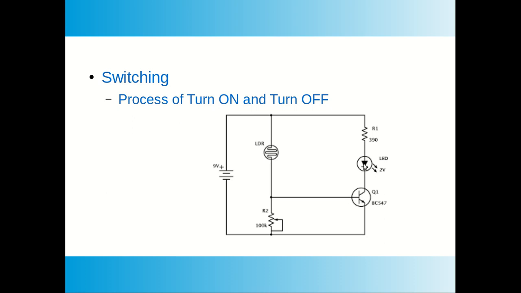Therefore this is just a symbolic representation of automatic turn on and turn off of a street light, but in an actual application we have to replace this LED with a relay, and the relay in turn can turn on a street light, or we can even use it in a smart home, for automatic turn on and turn off of garden lamps, etc. These things are possible in this mode of operation of the BJT.